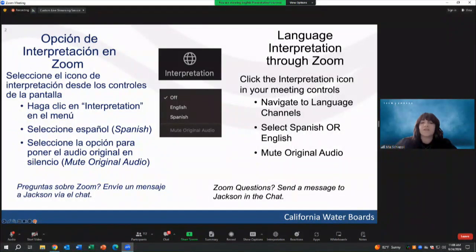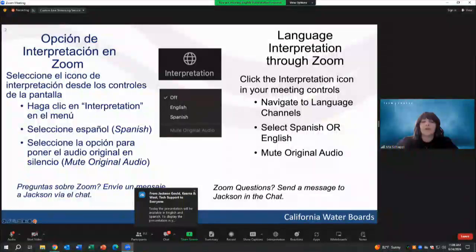Please send any questions via chat to the Zoom host, Jackson Gould, and he'll answer or forward to the appropriate staff. If you're joining from smartphone, you should be able to click on the More button and follow the same steps from there. I will now hand it over to Mark Gutierrez for interpretation.